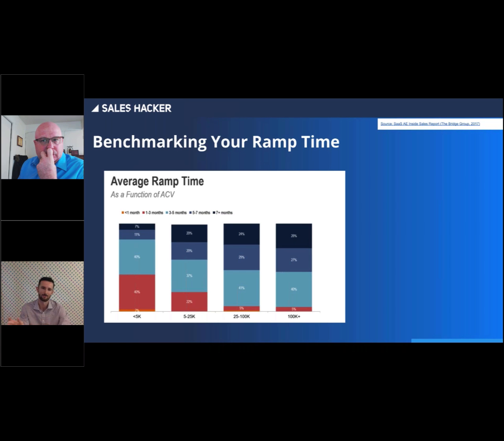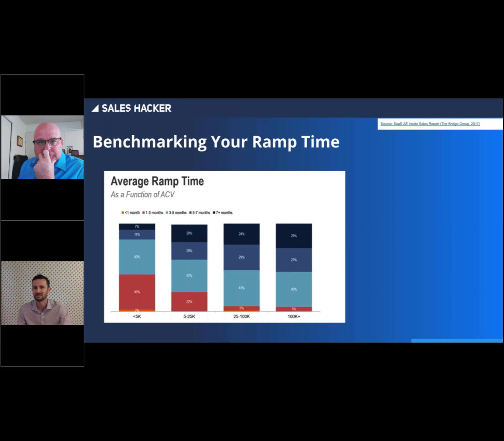Then we talked about the opportunity for improvement, looking at the difference between 6 months and 2 months in the example I used. And now we've looked at where I might fall based on average contract value. From here, what we can talk about are actionable things you can do about it. What are some things I can walk out of this with and take back to my organization?